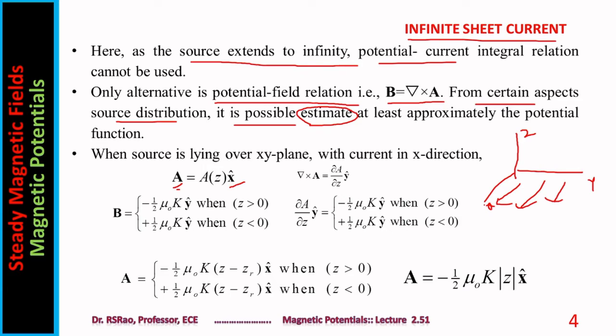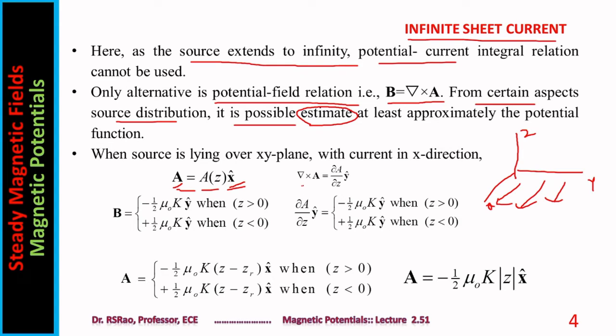When it comes to its magnitude, it cannot have x dependence or y dependence, because in the x direction as well as in the y direction, the sheet is infinite in extent. At most, it can depend only on z. So one can estimate A equal to A z x cap.